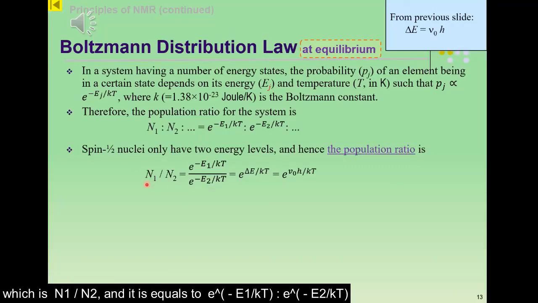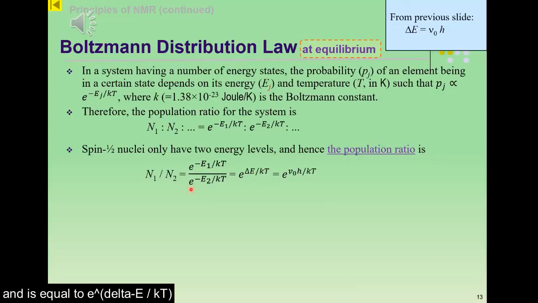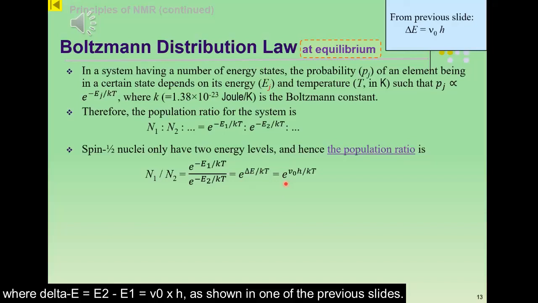And it's equal to e to the power of minus E1 divided by KT over e to the power of minus E2 divided by KT, and it's equal to e to the power of delta E divided by KT, or e to the power of V naught H divided by KT, where delta E is equal to E2 minus E1 and equal to V naught H, as shown in one of the previous slides.